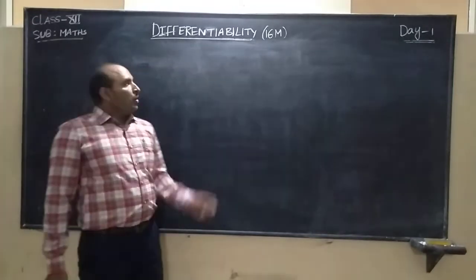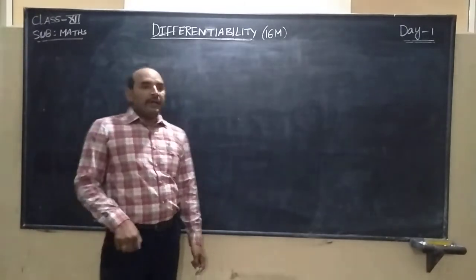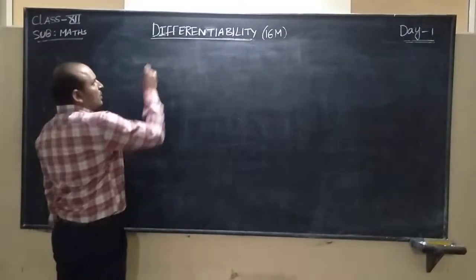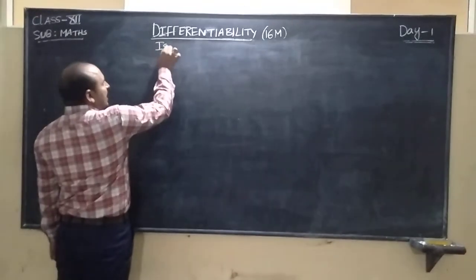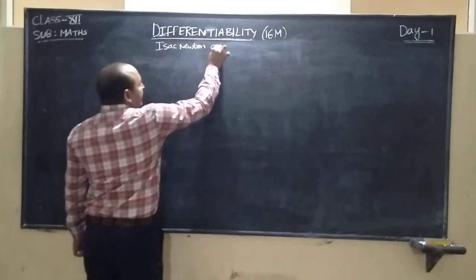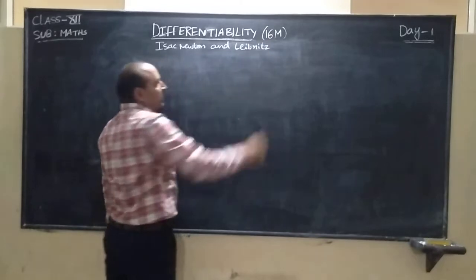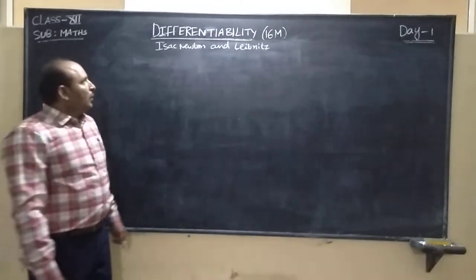Now, the concept of differentiability was first introduced by two mathematicians, Isaac Newton and Leibniz, in the year 1887.